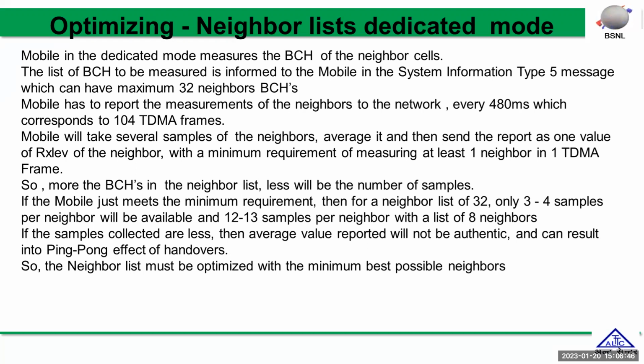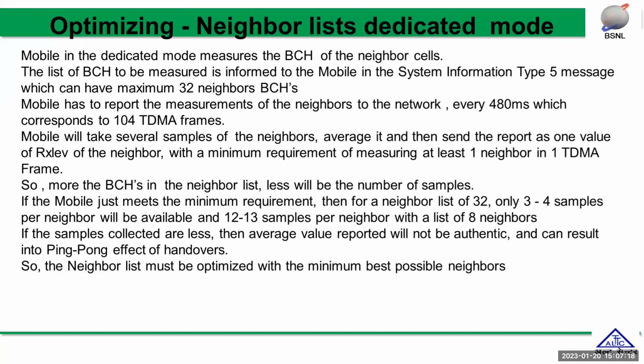So, the more BCCHs in the neighbor list, the fewer the samples, RX level samples and RX quality samples. If the mobile just meets the minimum requirement, then for a neighbor list of 32, only 3 to 4 samples per neighbor will be available, and 12 to 13 samples per neighbor with a list of 8 neighbors.